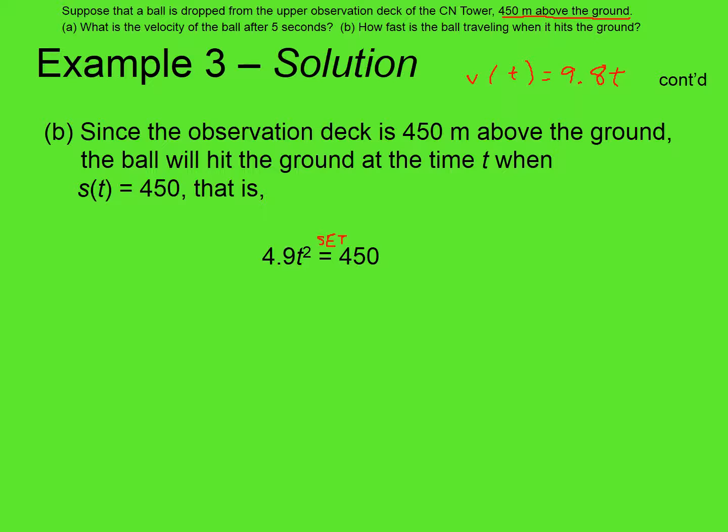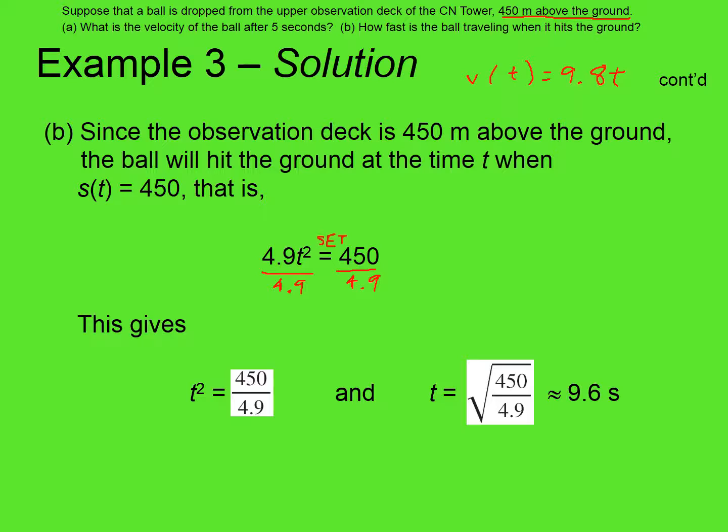Well, we're solving this little quadratic equation here to do that. And so dividing both sides by 4.9, we're going to have a number, and we're going to take the square root of both sides. Of course, when you take the square root of both sides, one side is plus or minus, but we don't have the minus here because we're not talking about a negative amount of time.